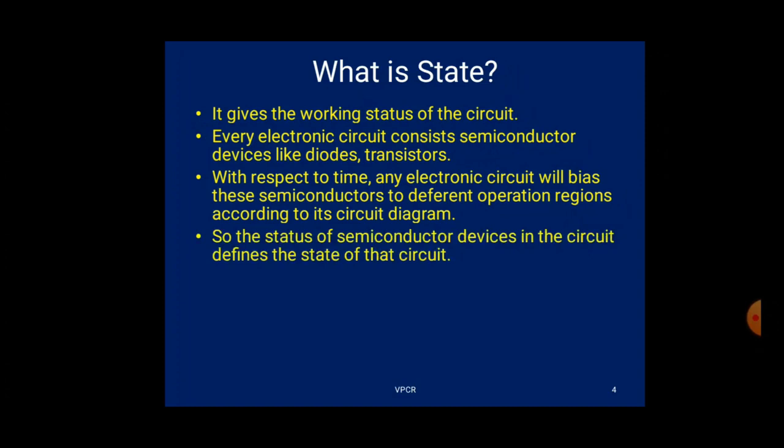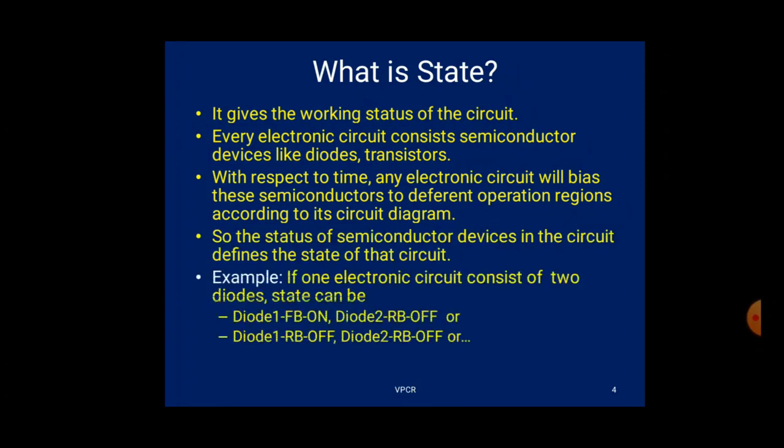In order to understand, let us consider one example. Suppose an electronic circuit consists of two diodes; we need not bother about how that circuit looks. So what is the status of those diodes? Diode 1 could be forward biased on and diode 2 reverse biased off, or diode 1 off and diode 2 off, and so on.